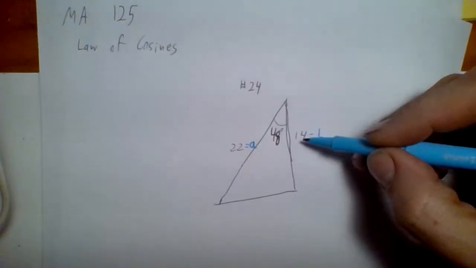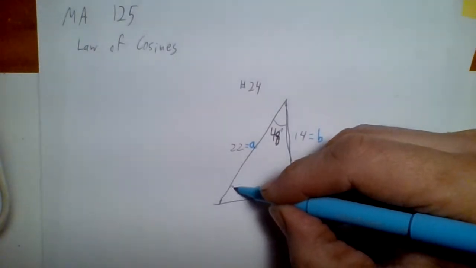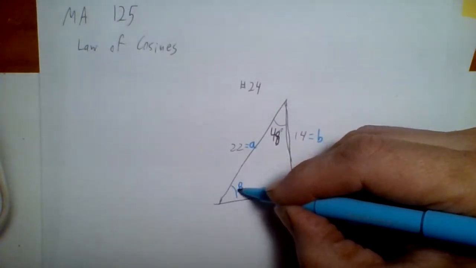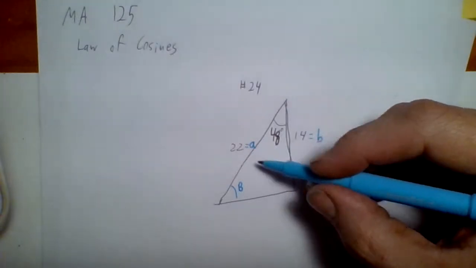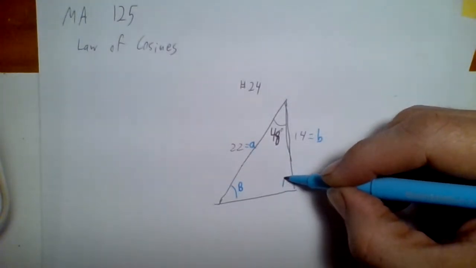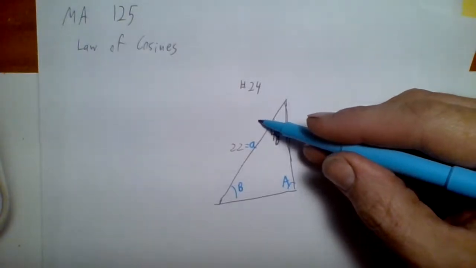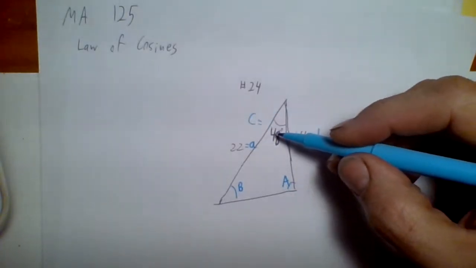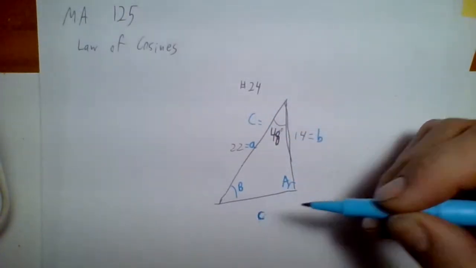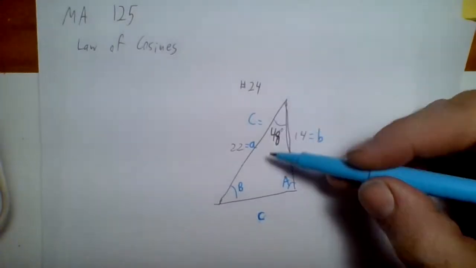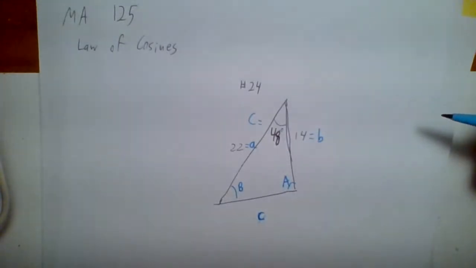If I decide to call this side little b, then the angle across from it is capital B. That's one of my unknowns. And I called that one A, so the angle across from that is angle A down here. And the 48 degrees would have to be angle C then. And this side would have to be side C. So they're across from each other. The angles are across from the sides. The law of sines works nicely on this.